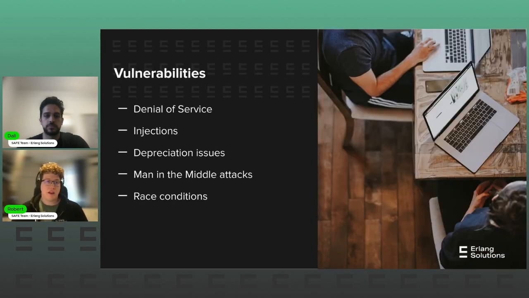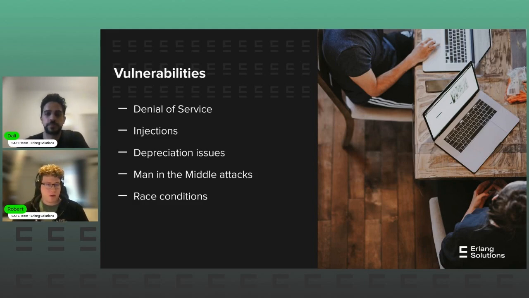So here at Safe, we have these five categorizations of vulnerabilities. These are denial of service, injections, deprecations, man-in-the-middle attacks, and race conditions. Denial of service is the first one here. It's usually atom exhaustion related, when you are using list to atom, binary to atom, and stuff like that. Injections is when, as I previously mentioned, you are loading scripts into your system.